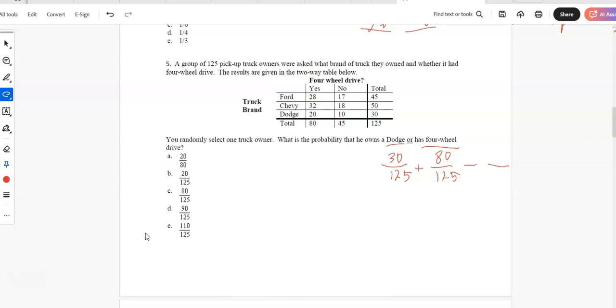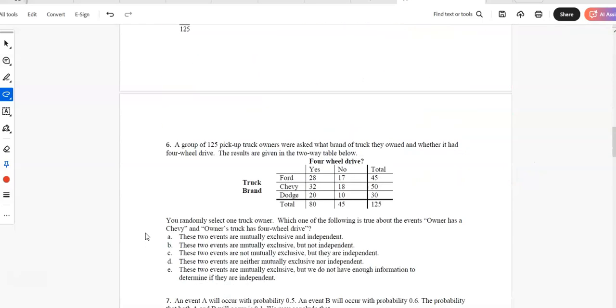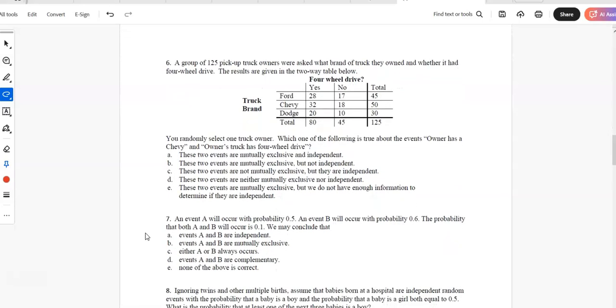If you think about the 4-wheel drives, it's these folks. Dodges are these folks. So it looks like you double counted the 20. So whatever that is, 110 minus 20 is 90. Not so bad so far.